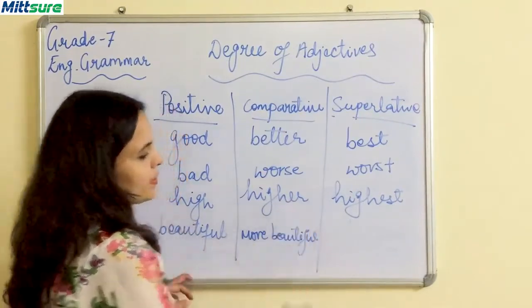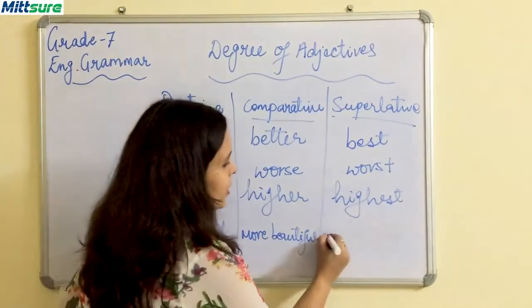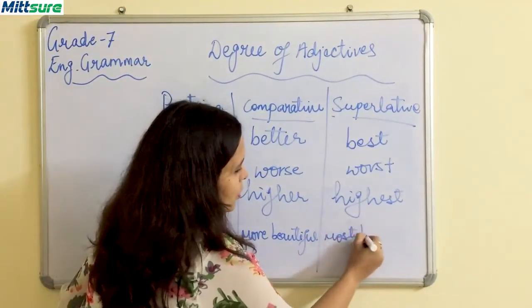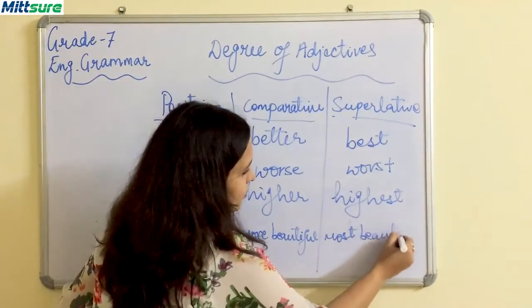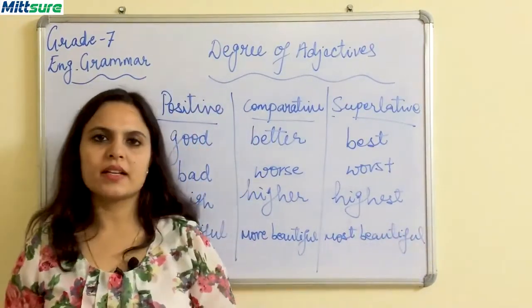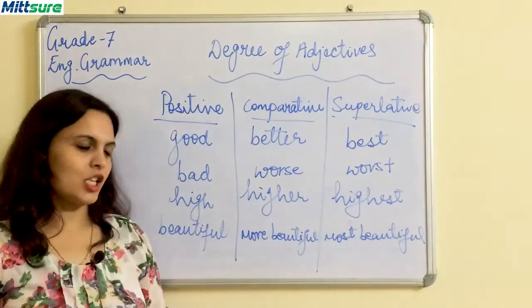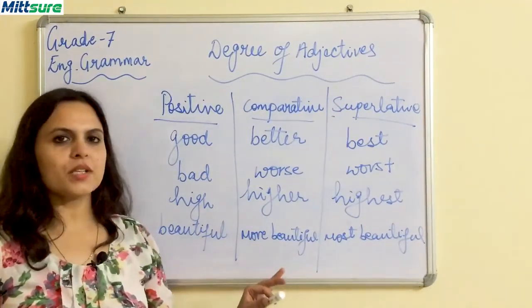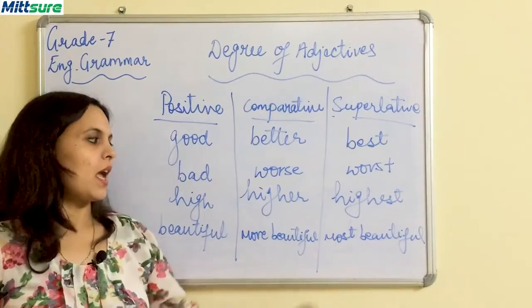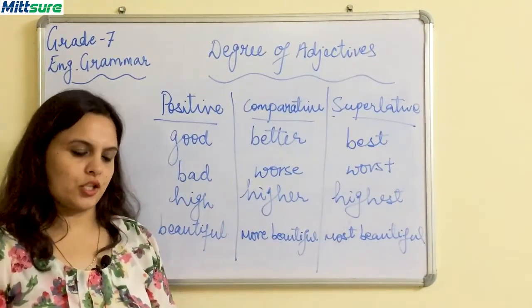For comparison between two, right? And for superlative, we say most beautiful. Take another example like this, intelligent, right? So in comparative degree, it will become more intelligent, and in superlative degree, it will become the most intelligent.